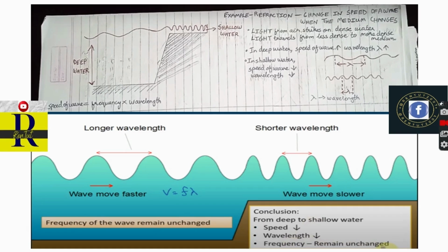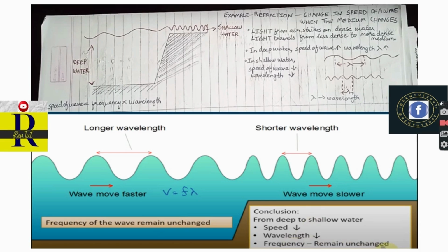So here also you can see this is an example of refraction. The speed of the wave changes, and once light falls on this kind of surface, due to refraction, the speed of the light changes when it falls in shallow water, and when it falls on the deep water also, the same case happens.